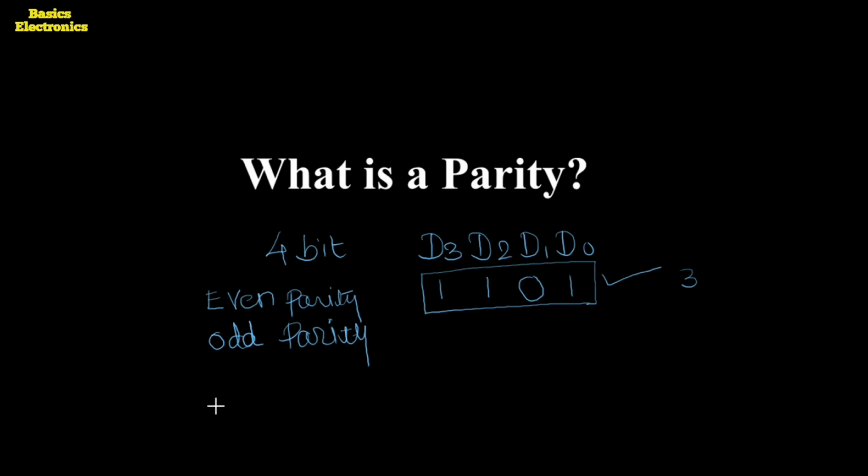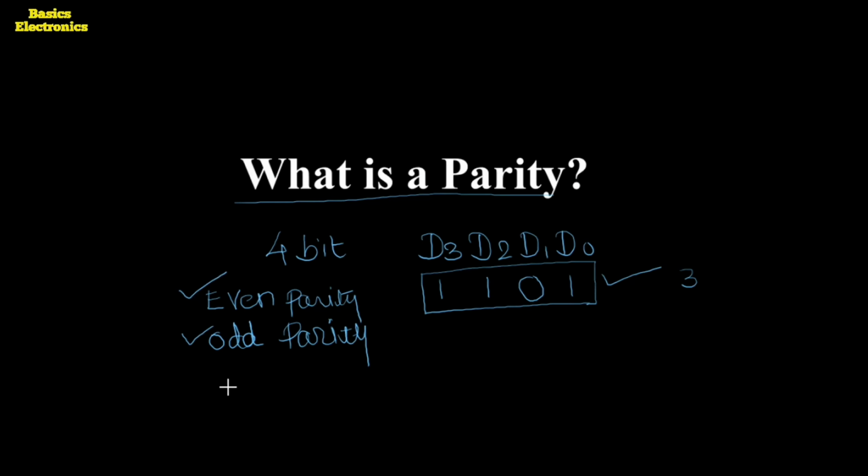When the number of ones is odd, then we say odd parity. So the parity is the number of ones available in the input data or input word. We have even parity and odd parity.